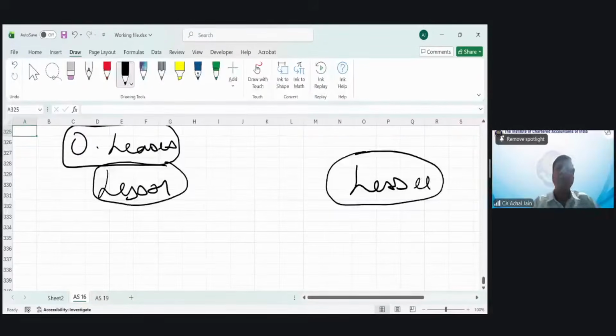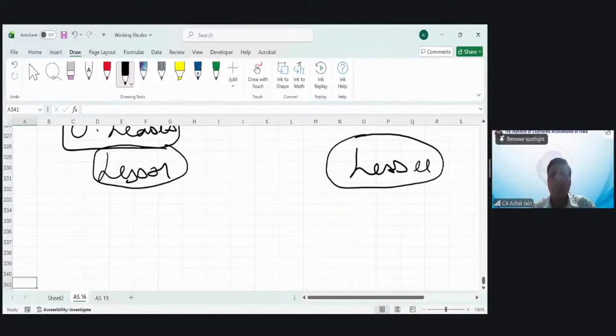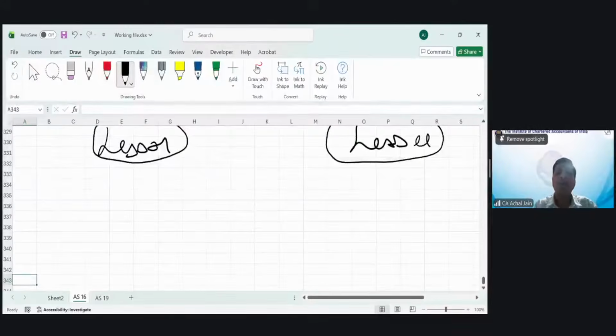Both the parties will have to record this because they have entered into a contract. So both the parties will have to do the accounting. Can we say only lessee will do the accounting? Only lessor will do the accounting? No. Both of them will have to do the accounting. So we will look at the accounting treatment in the books of both lessor as well as lessee.